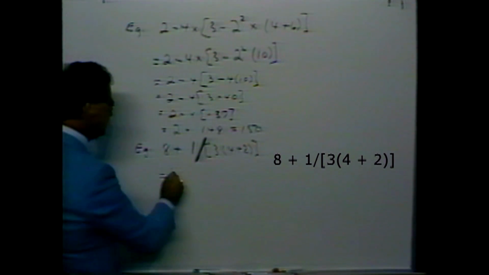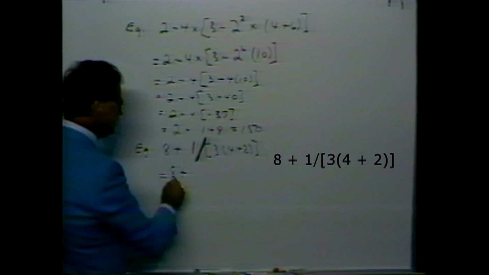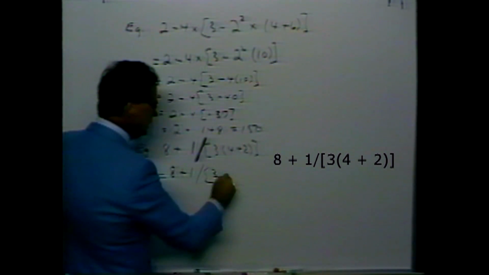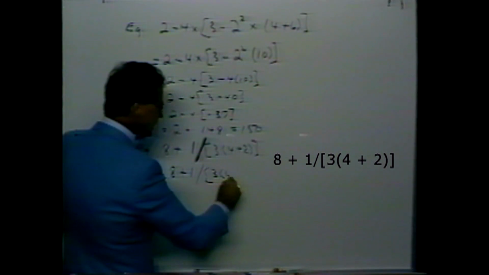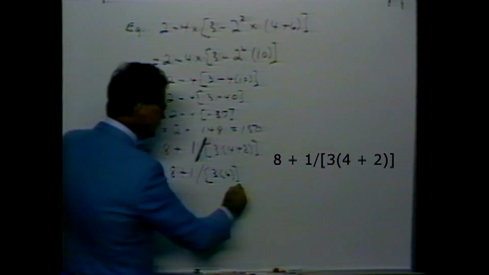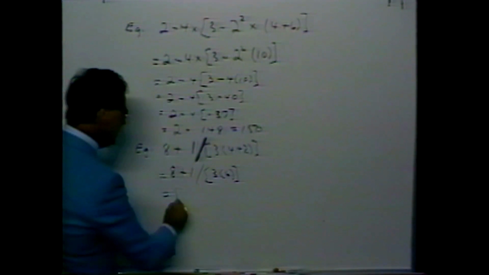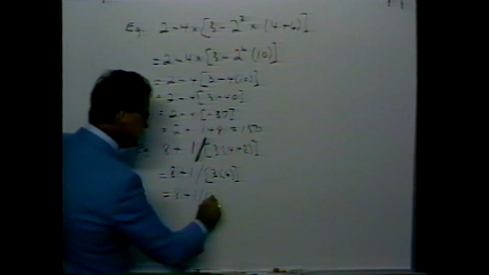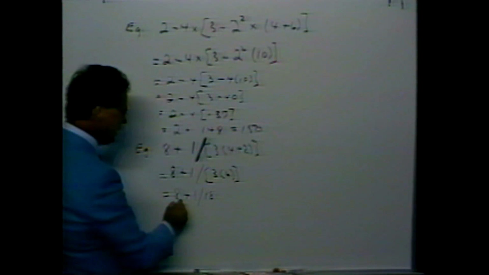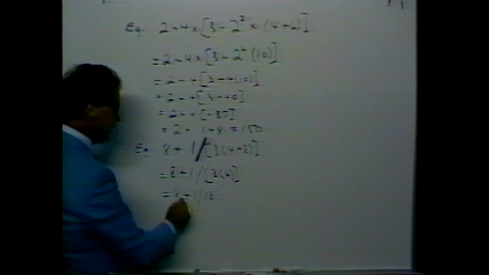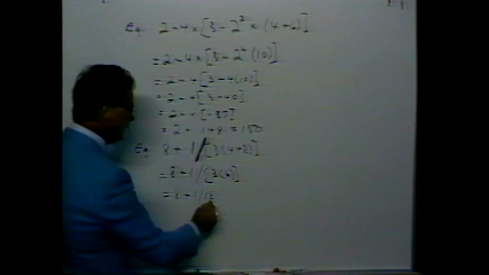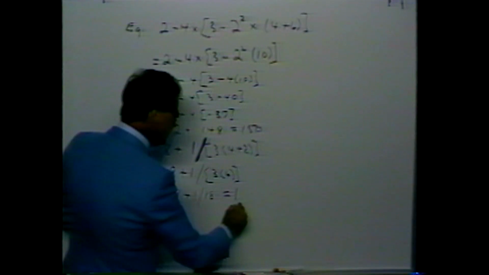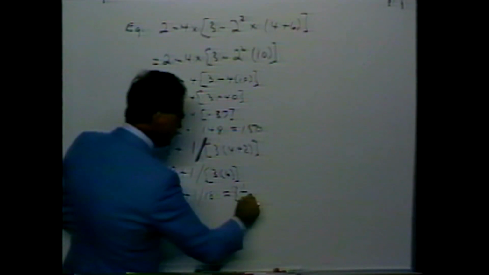We can rewrite this then as 8 plus 1 slash 3 multiplied by 6, then 8 plus 1 slash 3 6s are 18. It ends up that we have a problem where we're taking 8 added to 1/18, and that's equal to 8 and 1/18, like that.